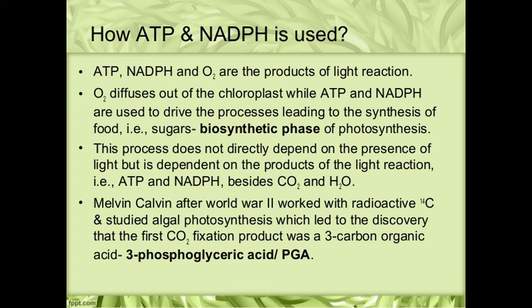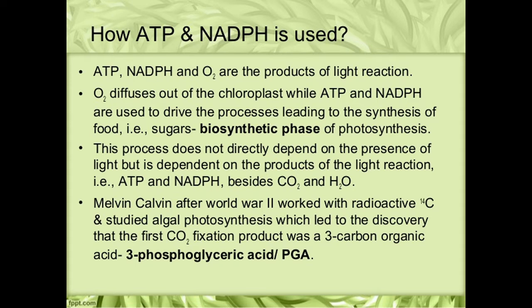Labeled compounds are detected by autoradiography. In this technique, the chromatogram is exposed to an X-ray film. C14 containing compounds will produce an image on the film, while the unlabeled compounds will not produce any image. So this is how the intermediate compounds are identified in the carbon pathway.